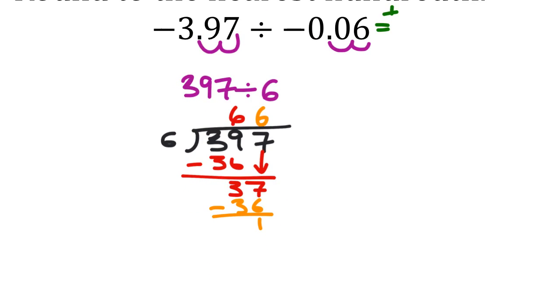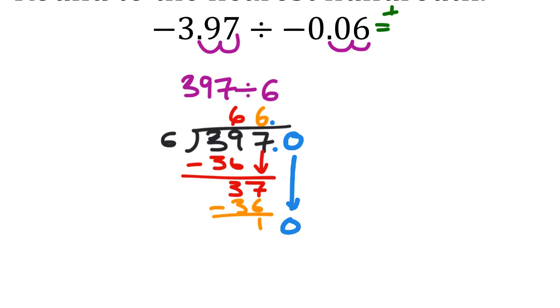Now, I got a remainder of 1. It said round to the nearest hundredth, which is okay. But right now, I'm not showing any decimal places. In fact, I didn't even have a decimal in the long division part of this. Well, there is a decimal. It's just not showing, you guys. It comes after the 7 right there. And what I can do is I can tack on a 0 in the tenths place and drop it to make that 10.